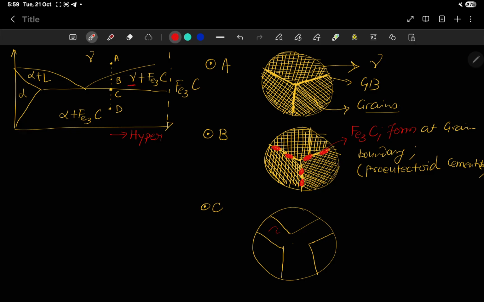Here these nucleations will grow, and in the remaining regions we will get the austenite phase.